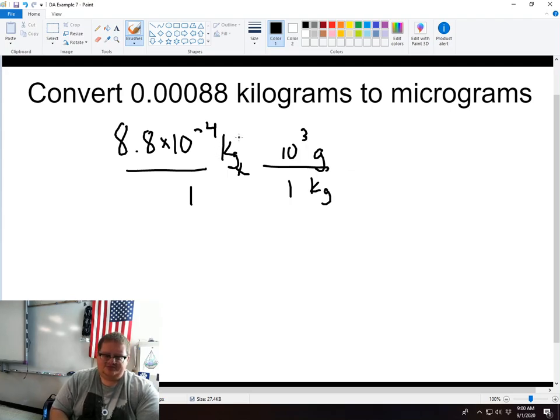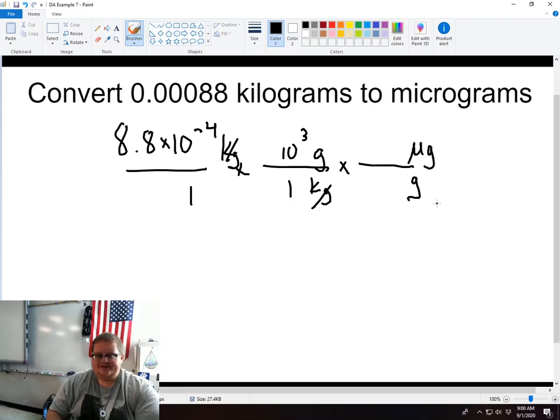Let's see what cancels. Kilogram, that's it. So I have grams, but I want micrograms. So I'm going to do another conversion step. Again, I automatically know I don't want grams, so I'll put it in the bottom. Grams in the bottom, grams to, now remember I showed you that symbol earlier, mu, micrograms. You don't have to use it, doesn't matter, but I am using it. I just want you to know where it came from. So then I look it up, and let's see, micrograms.